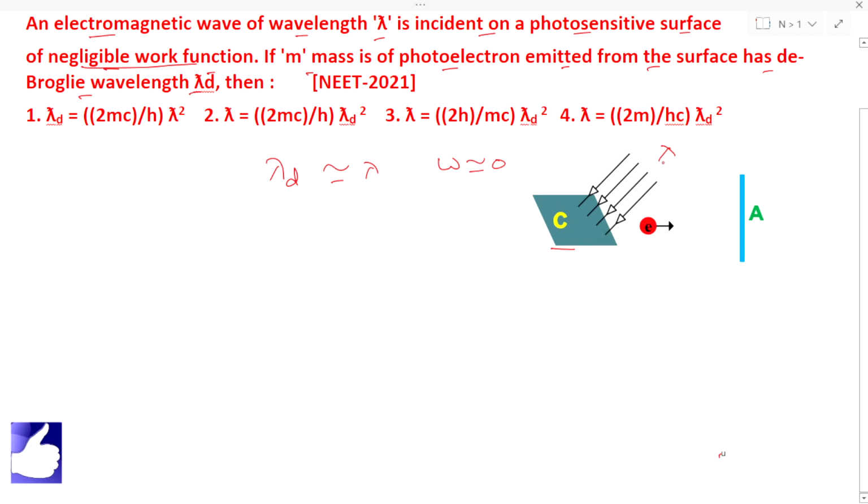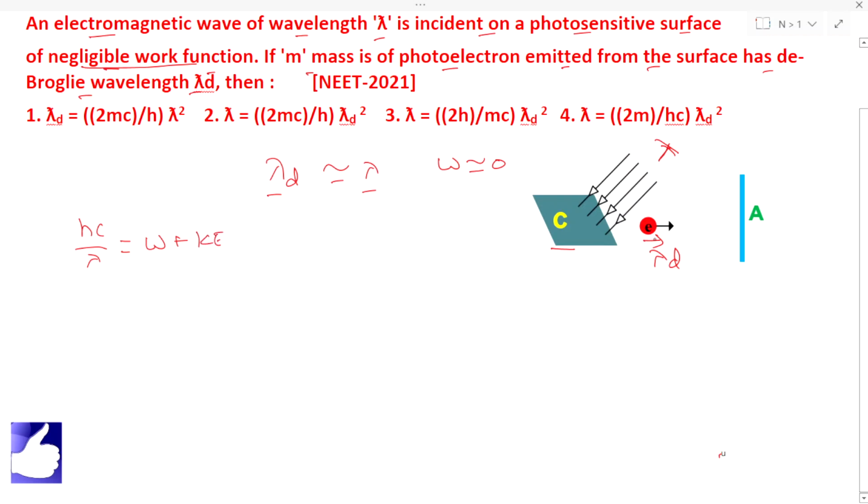When this electromagnetic wave of wavelength lambda falls on the photosensitive metal plate, an electron is emitted, and its de Broglie wavelength is lambda d. According to the photoelectric concept, if hc/lambda energy is incident on a photosensitive metal, some part of the energy is used to free the electron, which is the work function, and the rest is used as kinetic energy.